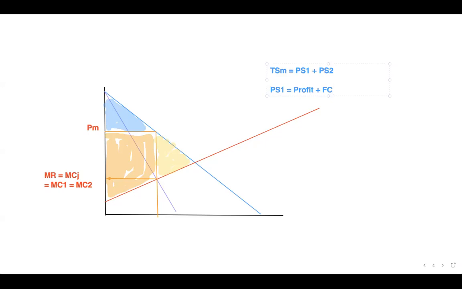Now, I don't know if that makes sense to you. I say this in passing in the videos that are recorded on the topic, and I'll say it really quickly here. And if anybody wants to talk about it, we can. But the reason that producer surplus includes the fixed cost component is that fixed costs are assumed to be something that are unrecoverable to the firm.